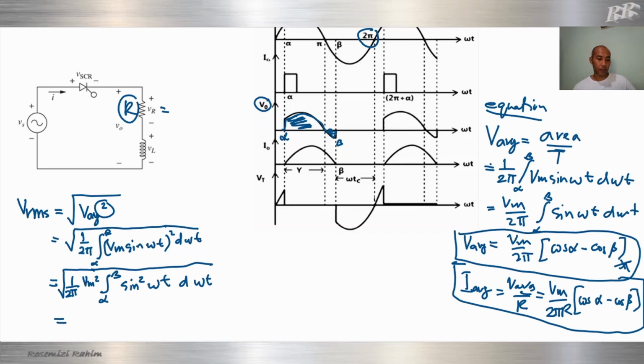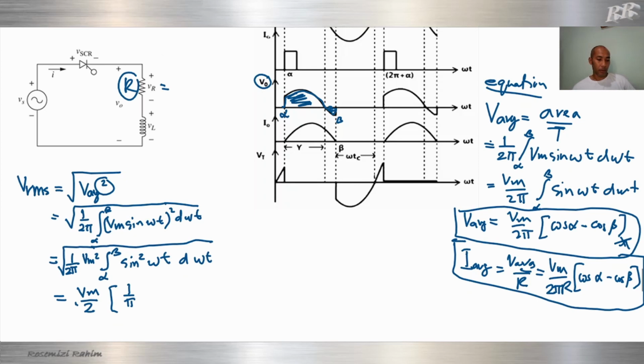If we solve it, we will get Vm times the square root of 1 over pi times beta minus alpha plus sine 2 alpha over 2 minus sine 2 beta over 2, all to the power of 1 over 2. This is the equation for VRMS.